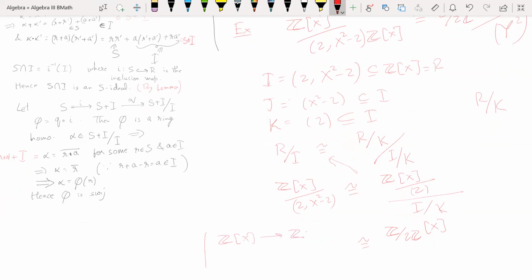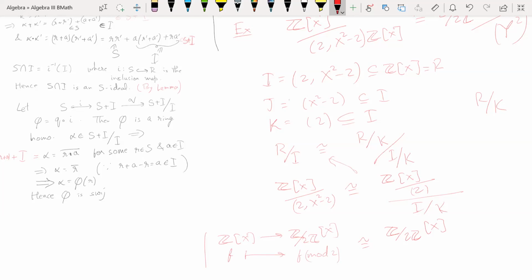You of course have a ring homomorphism from this to this. What is that? You take a polynomial f with coefficients in Z and you look at it mod 2. So you get a polynomial with coefficients in Z mod 2.